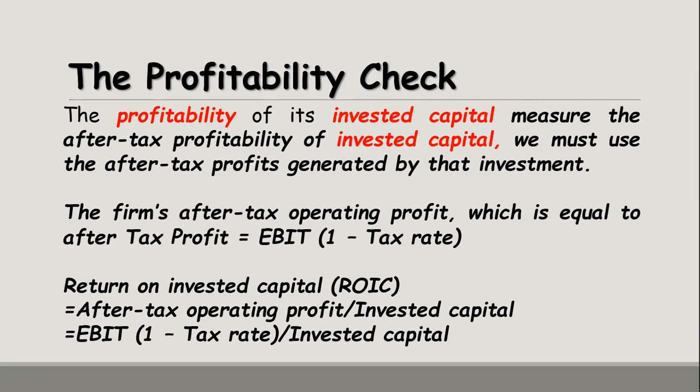Here, we do not consider the interest paid against the capital debt. The return on invested capital equals after-tax operating profit divided by invested capital. Invested capital includes the sum of capital equity and capital debt.